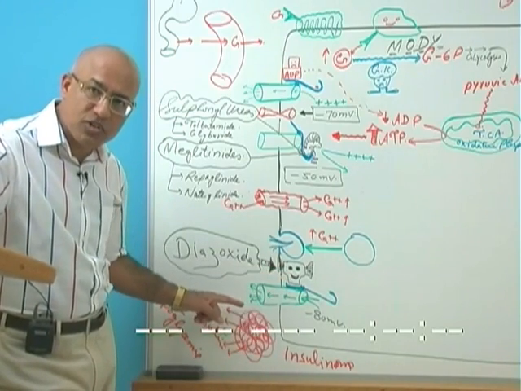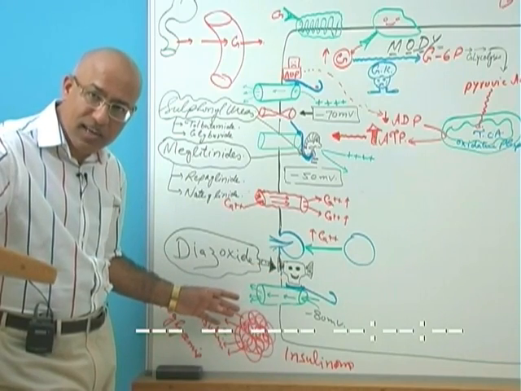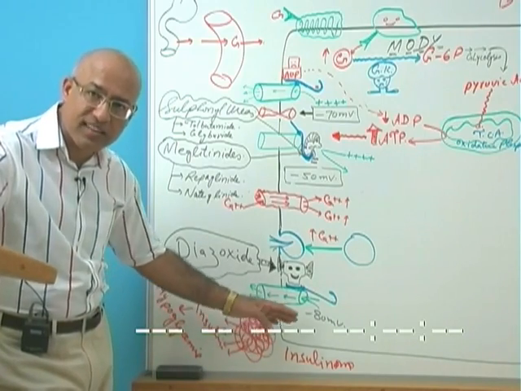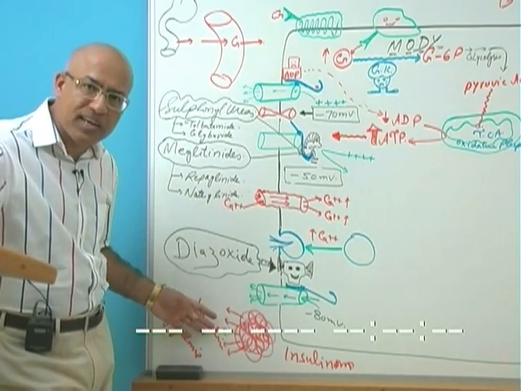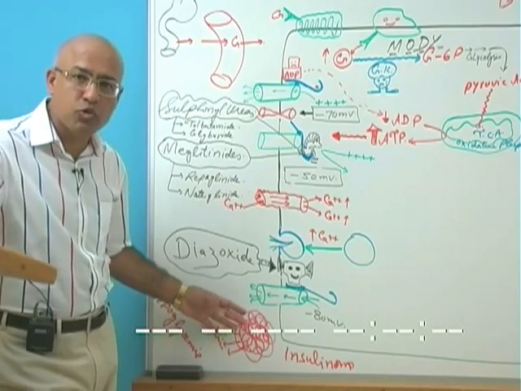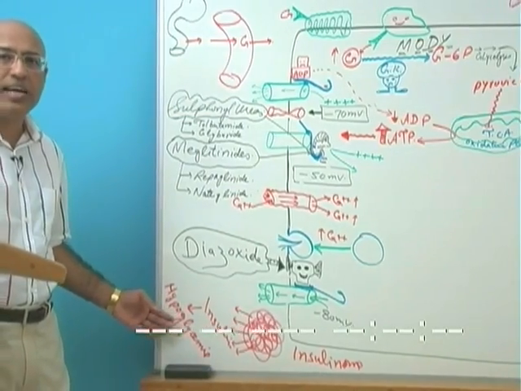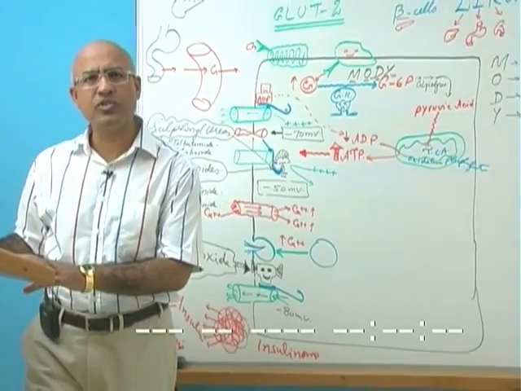What will happen? Excessive potassium will come out, these cells cannot be depolarized, calcium cannot enter into these cells, and insulin cannot be secreted. In this way, you prevent insulin secretion by the insulinoma cells and reduce the tendency of hypoglycemia. Is that right? Do you have any question up to this?